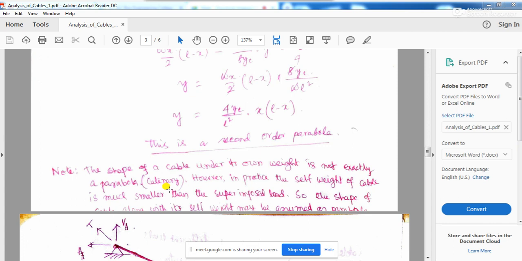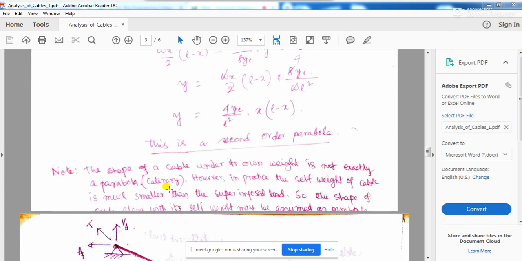So the shape of the cable can be assumed as a parabola.